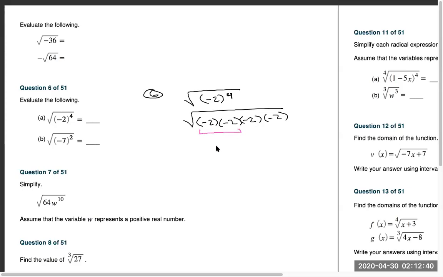So this part would turn into positive 4, and this part would turn into positive 4. So it's actually the same thing as square root of 16, which is 4.